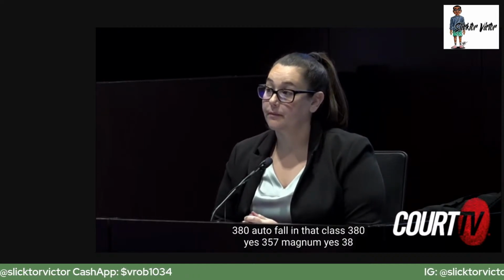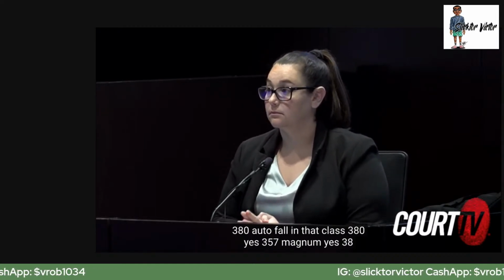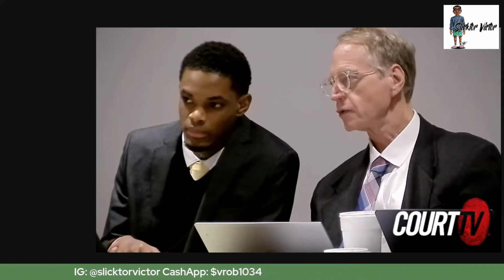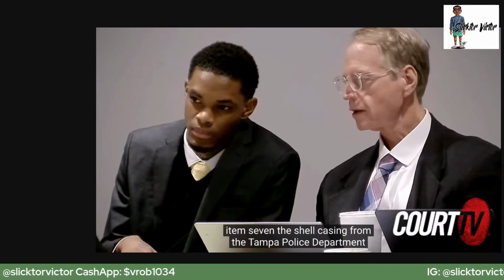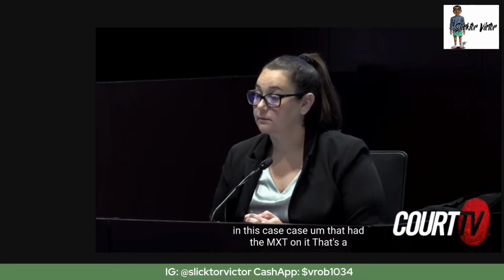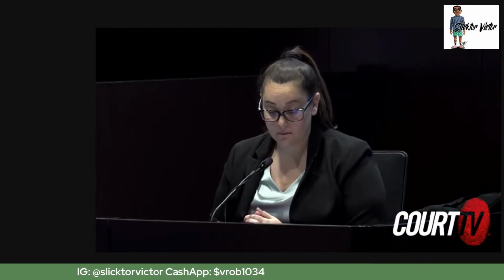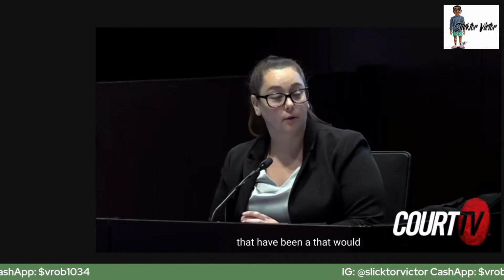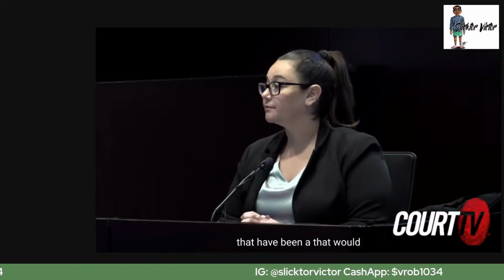So if we go back to item 7, the shell casing from the Tampa Police Department in this case, that had the MXT on it. That's a 9mm caliber shell casing, correct? That is correct. Would that have been a round that would fit into that caliber class? That caliber class is generally loaded in 9mm Luger caliber cartridge cases.